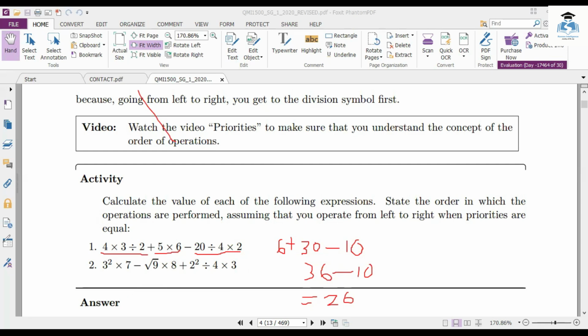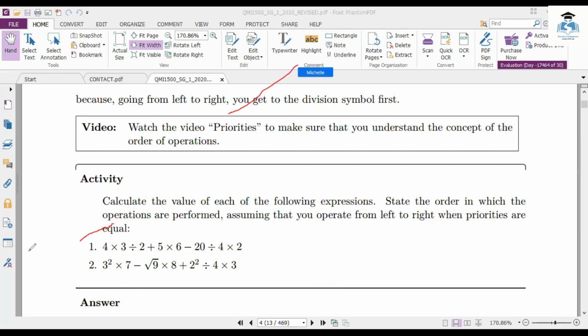Then the following one. Remember we said the exponents, remember it's BEMDAS, okay? So brackets, do we have brackets? No, we've got exponents.